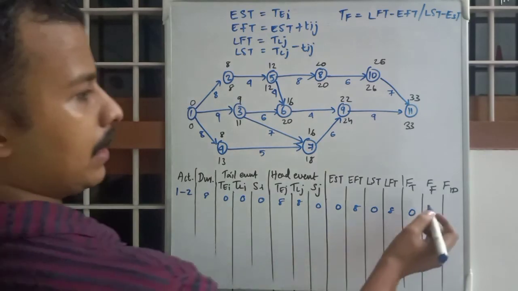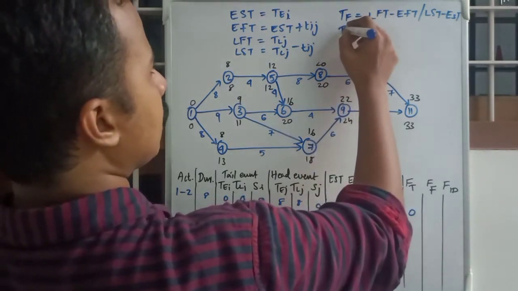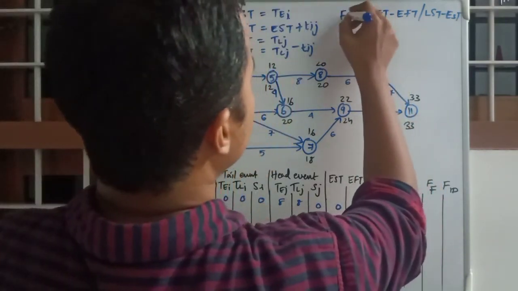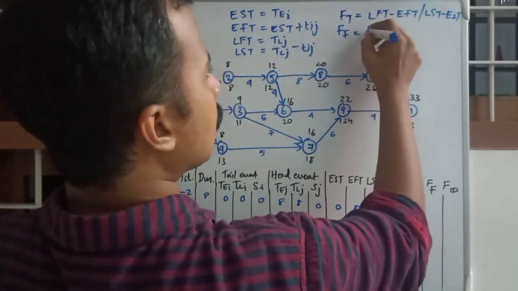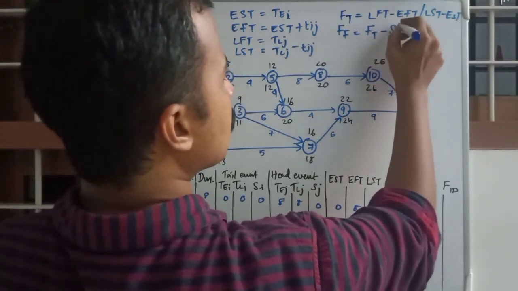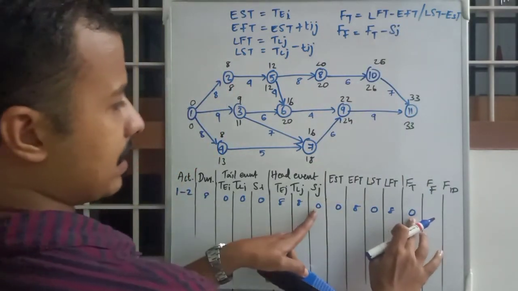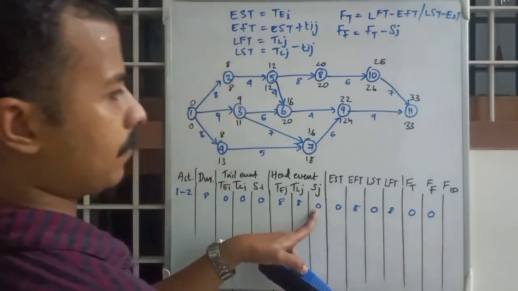Next one, free float, expressed as FF. Free float is equal to TF minus SJ. Simple. TF is 0, SJ is 0, that is 0 again.